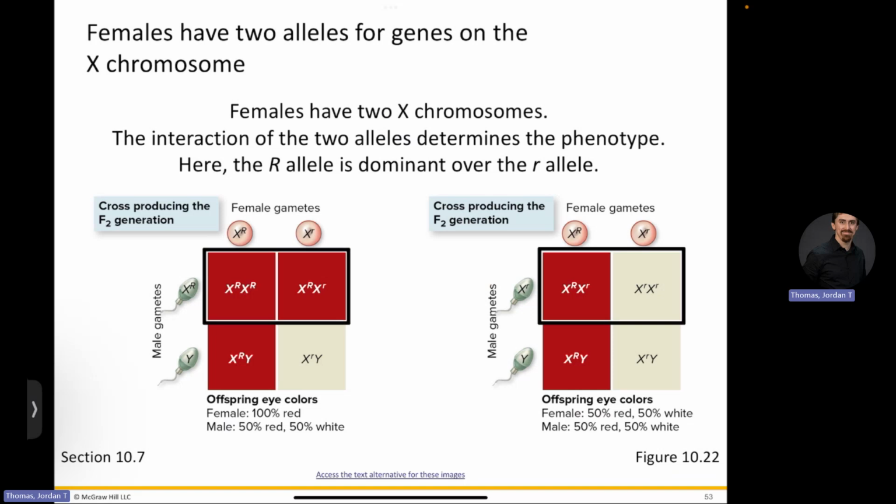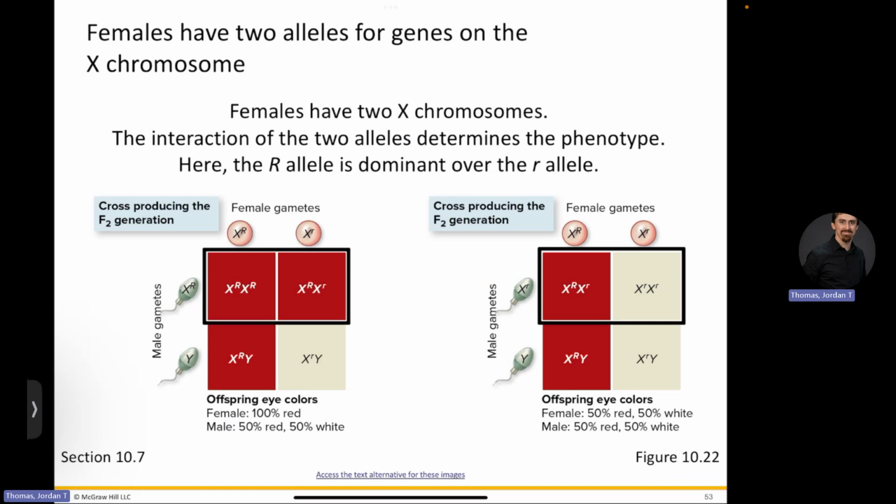Just like I said earlier, females have two alleles, so we can do the classic dominant and recessive idea. If big R is present, that phenotype is always produced. In males, we only get one X, so you have one allele, big R or little r, depending on what the female has.